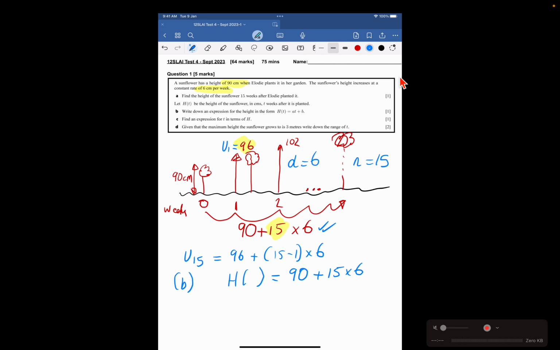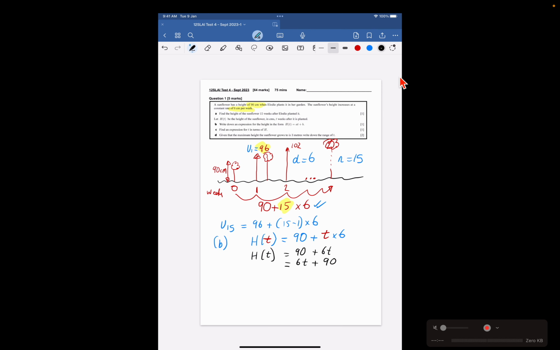Instead of 15, we're going to replace it with t, because t is the number of weeks. And can you see what else we're going to replace? Yeah, we're going to replace the 15 here. That is going to be t. So you've now got the formula that you need. The height of the sunflower after t weeks is equal to 90 plus 6t, or I think the question wants it as 6t plus 90.